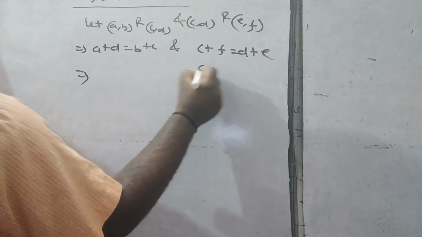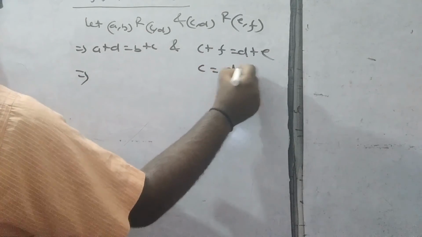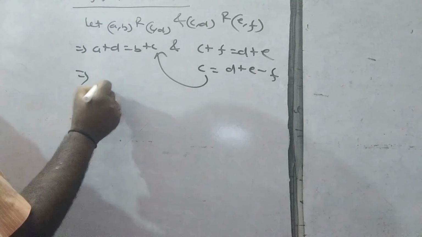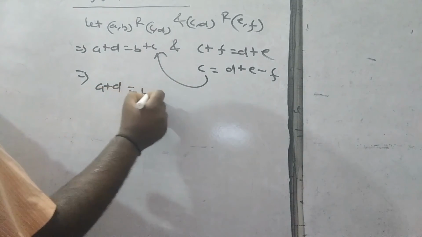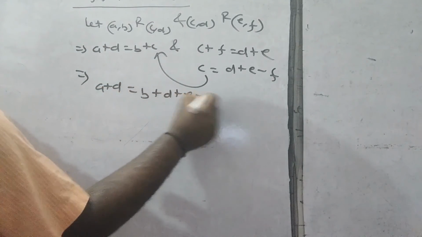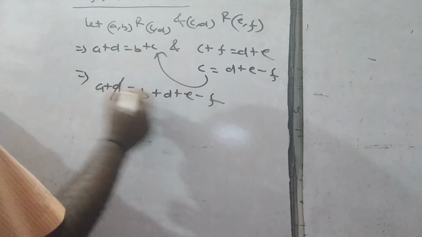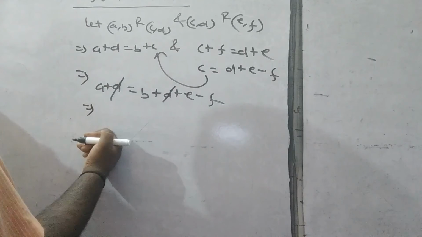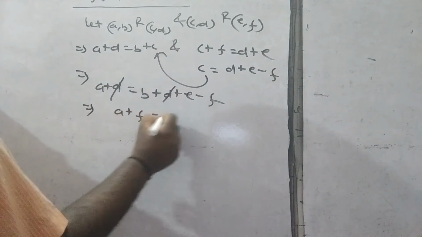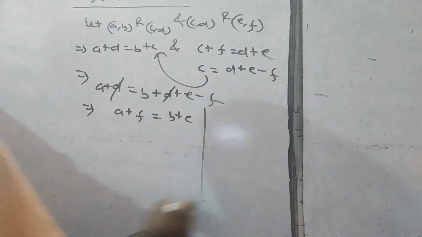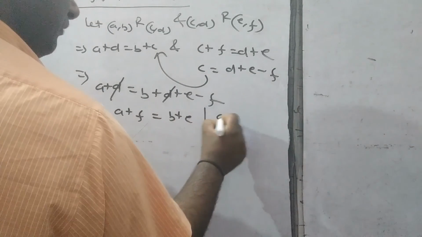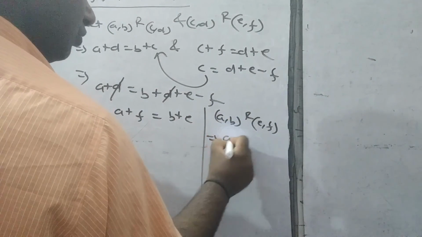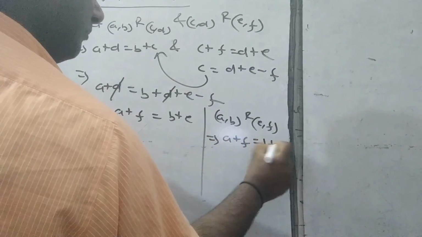if you see, the value of c from here is d plus e minus f, and put the value of c here. So a plus d is equal to b plus d plus e minus f. So d, d cancel out, f coming by transposition, f coming this side, it becomes a plus f is equal to b plus e. That is exactly what we required in the rough work: (a, b) related to (e, f), since a plus f is equal to b plus e.